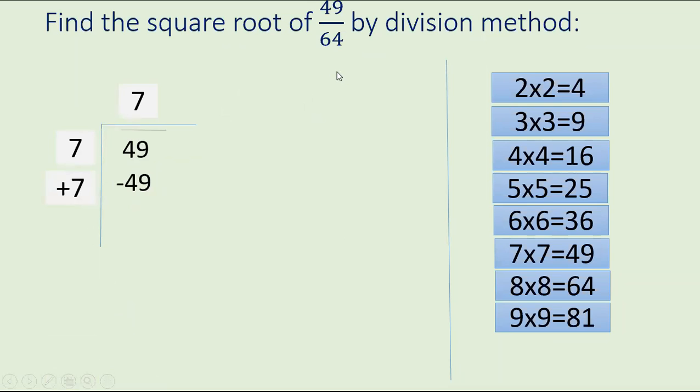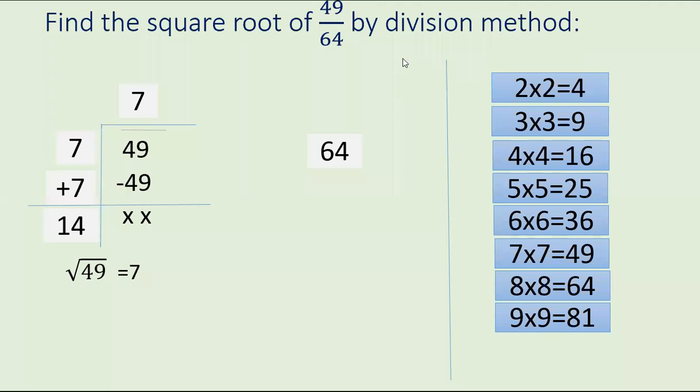Now what about the denominator? Denominator contains... here again there is only one pair, that is 64.